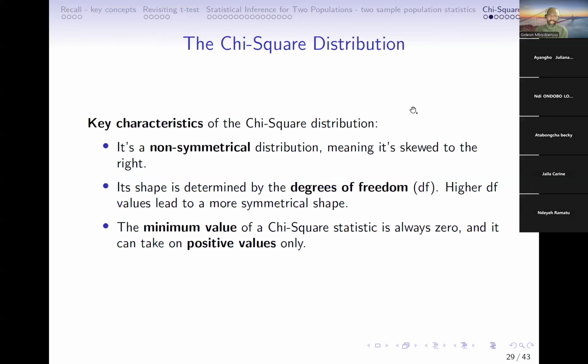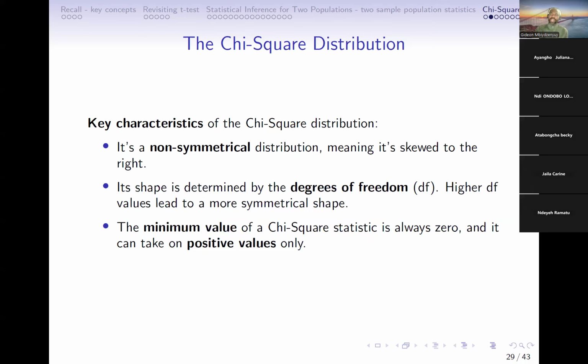First of all, let's look at the characteristics of what we call a chi-square distribution, which is the graph that I showed you. If you collected data and plotted it with your response or dependent variable and independent variable, and the data tends to follow this long tail, another word for that is that you have a non-symmetrical distribution.